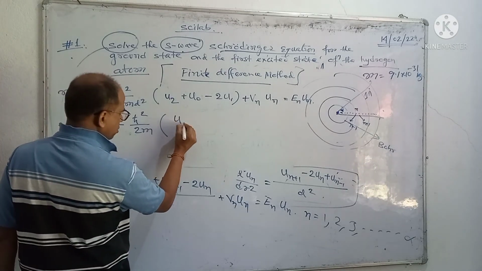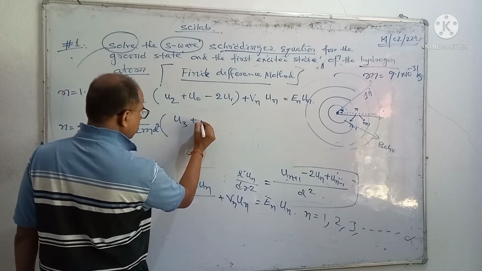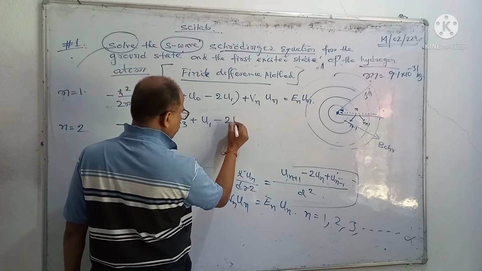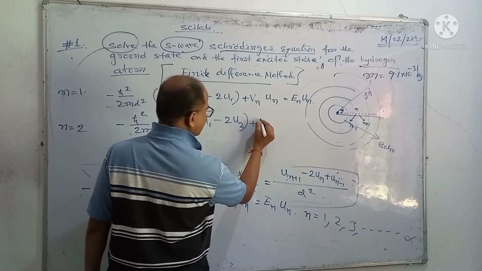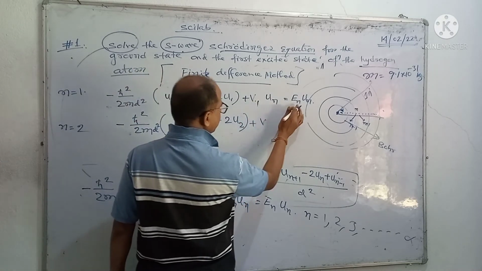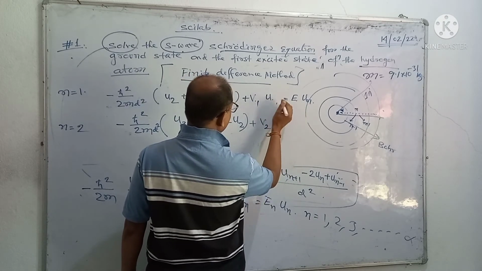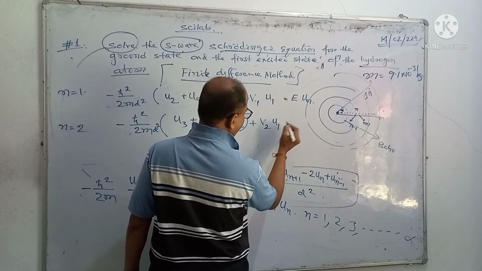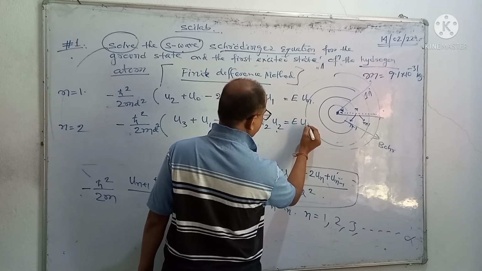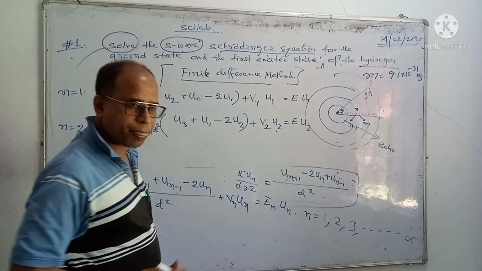Minus h cut square by 2m d square, u3 plus u1 minus 2u2 plus V2 u2 is equal to E into u2. Okay, done.